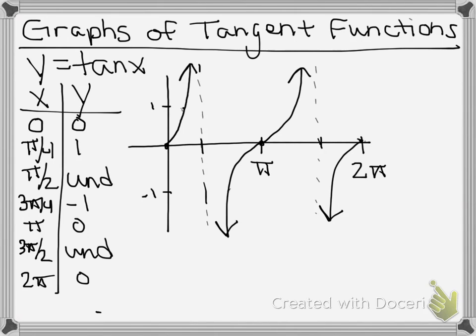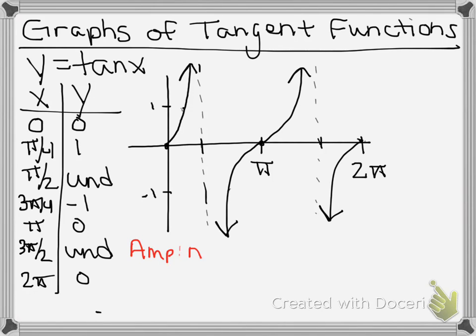So now we're going to point out all of the key features, just like we do for sine and cosine. Amplitude. Remember, the definition of amplitude is 1/2 the absolute value of the max minus the min. So what's the maximum? There is none. What's the minimum? There is none. It just keeps going.